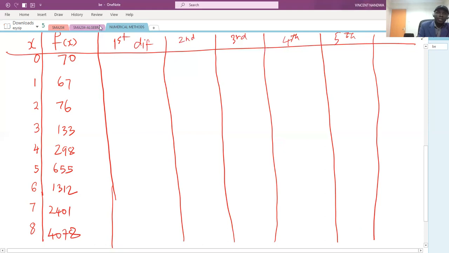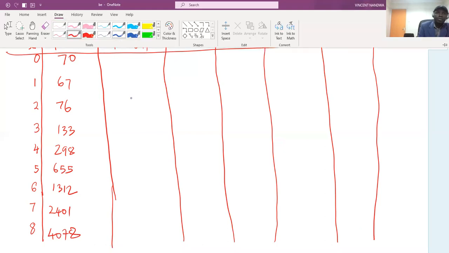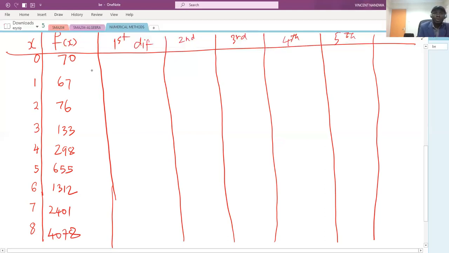So usually to find these differences, the lines you are skipping between consecutive values are the positions where you'll be writing the differences. For the first difference, you simply take the lower number minus the upper number. So this will be 67 minus 70, you get -3. 76 minus 67, you get 9. 133 minus 76, you get 57. 298 minus 133, you get 165. 655 minus 298, you get 357.